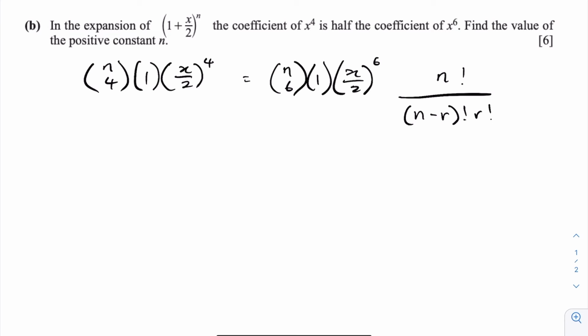But notice that the coefficient of x to the power of 4 is half the coefficient of x to the power of 6. So if we double the coefficient of x to the power of 4, that will equate it to x to the power of 6's coefficient. All right, so let's simplify as much as we can. So this would give us 2 times x to the power of 4 over 16, because 2 to the power of 4, right?